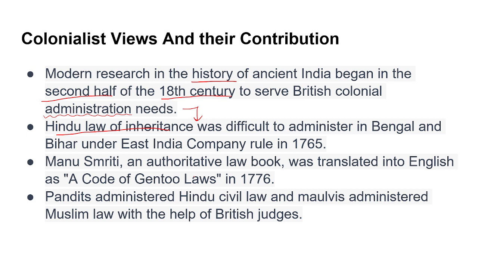जैसे कि हमने कहा था, we will provide you with some extra information which is very relevant for your examination. So this was translated by whom? It was translated by Warren Hastings, right?